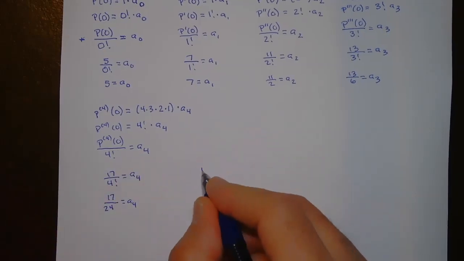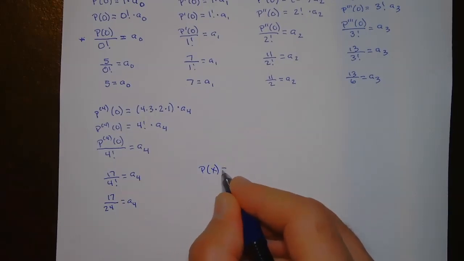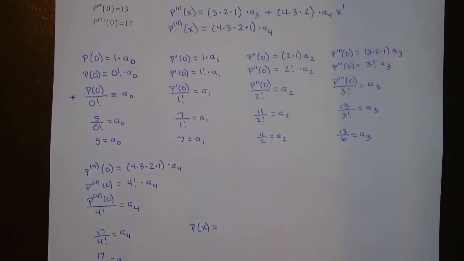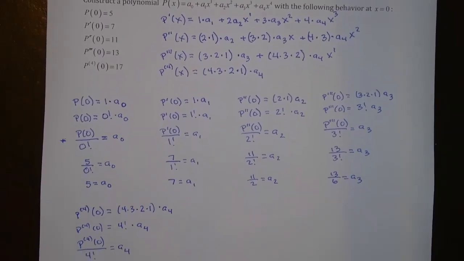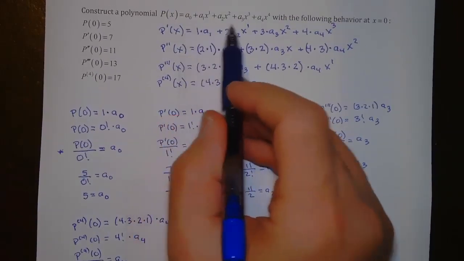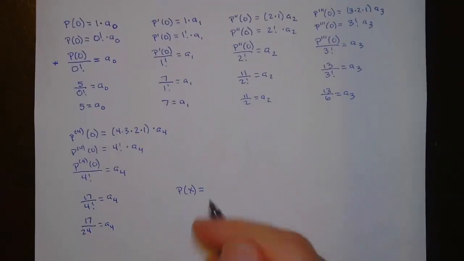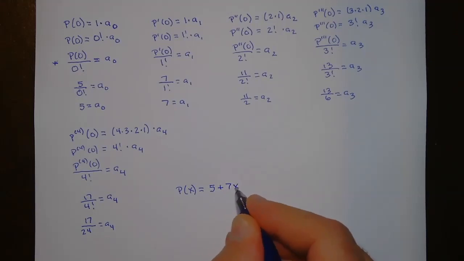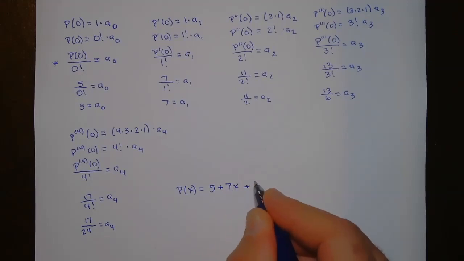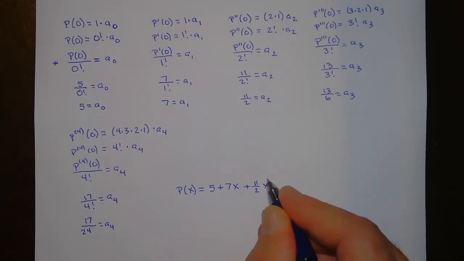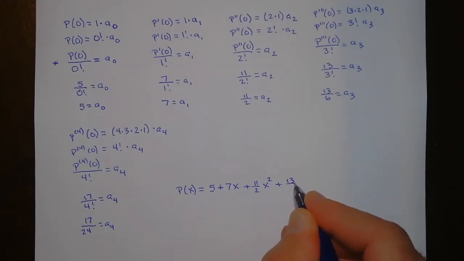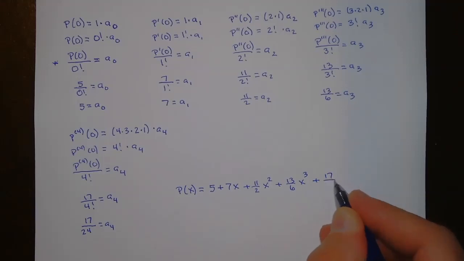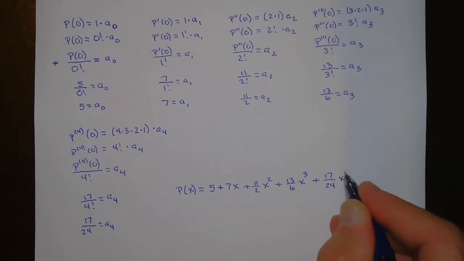So our polynomial becomes this: p of x is equal to our constant, which is a sub 0. Let me slide up so you can see. You really can't see it and see my writing at the same time. So I'm just putting them all in. p of x would be 5 plus 7x plus 11 halves x squared plus 13/6 x cubed plus 17/24 x to the fourth.